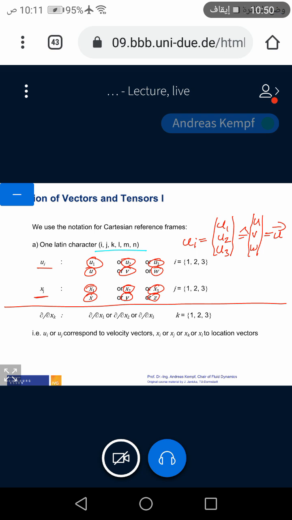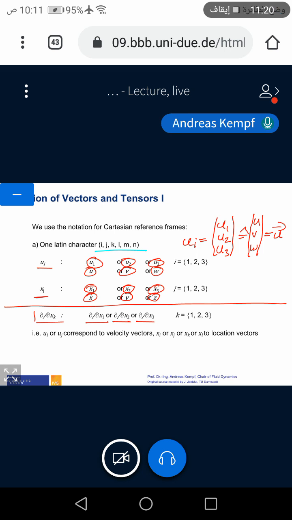Then let's move on. We can certainly use this also to write derivatives, differentials, and so on. So here, we have a partial derivative with respect to xk. So the quantity that will be derived is not given. It's just the operator del over del xk. And this is del x1 as the first component. The second component of this guy is del x2. And the third component is del x3.